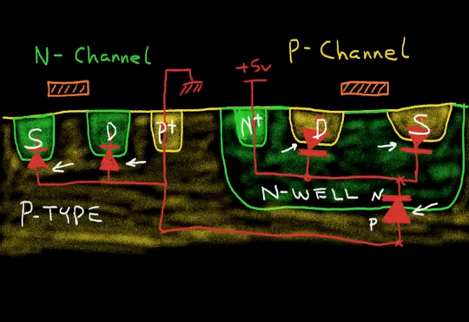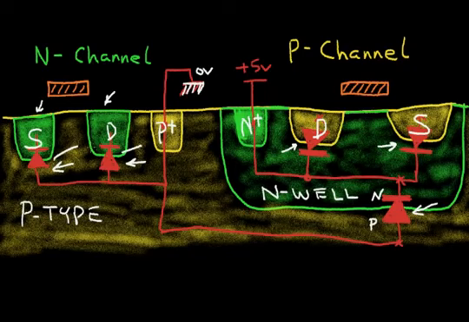So that is why this substrate will be tied usually to the most negative potential. Here it is tied to 0 volts or ground. So as long as the source and drain on the N channel do not go below ground, we're okay. This diode and this diode will not become forward biased.